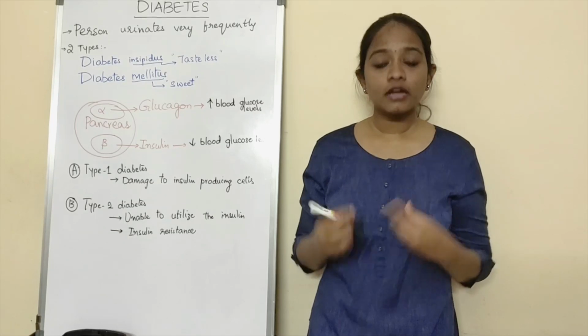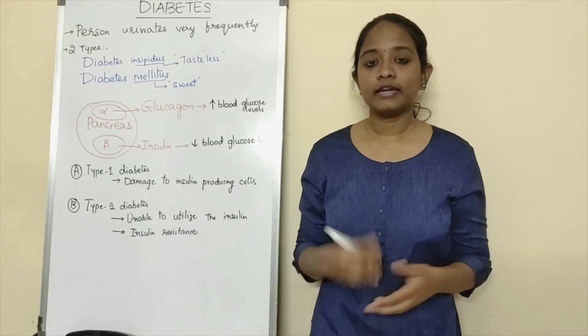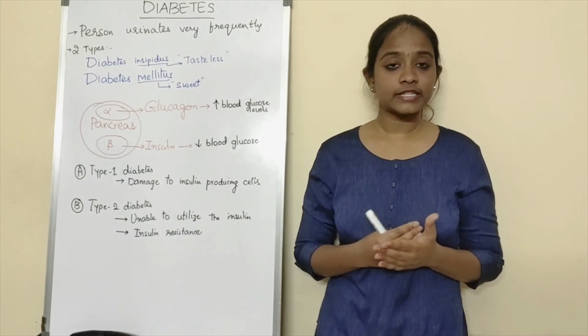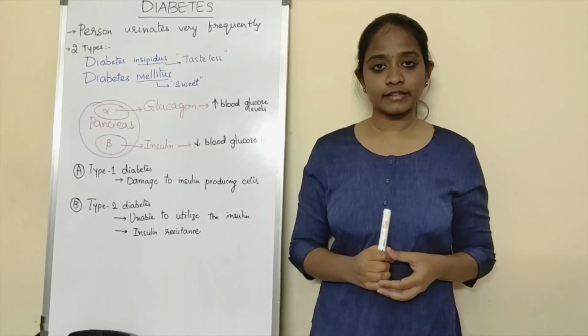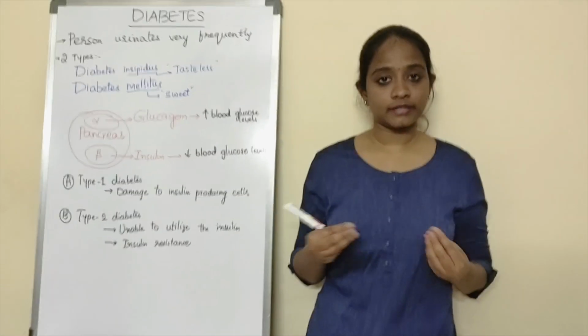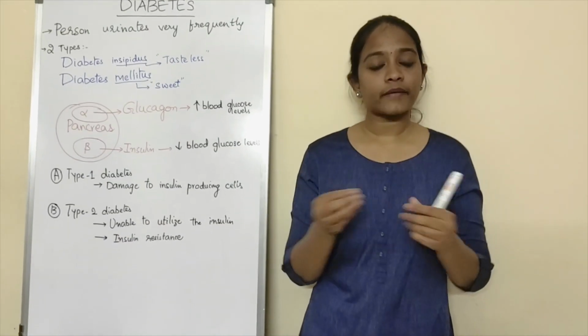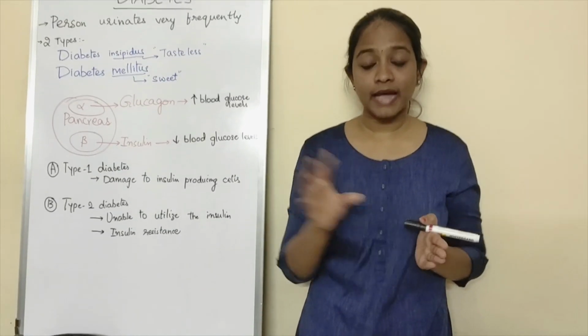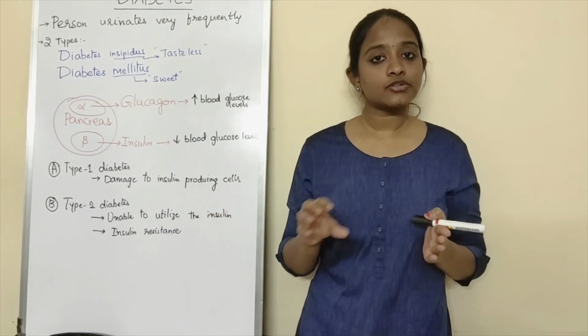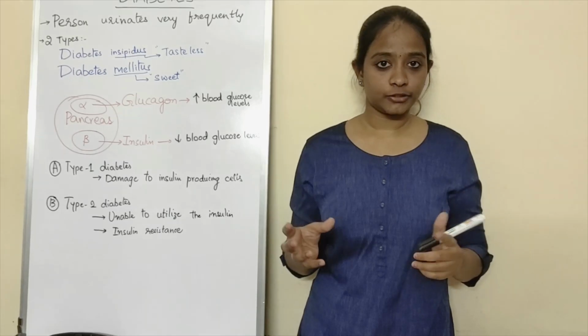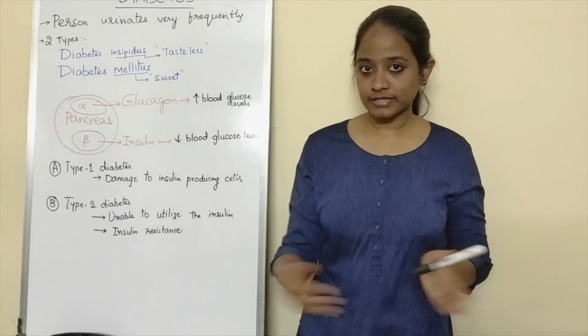Before understanding what causes diabetes mellitus, let us understand how the blood glucose levels in the body are maintained. The pancreas is a gland in the body which helps in maintaining the blood glucose levels. Pancreas has a set of cells called islets of Langerhans. The islets of Langerhans are again divided into alpha cells and beta cells.